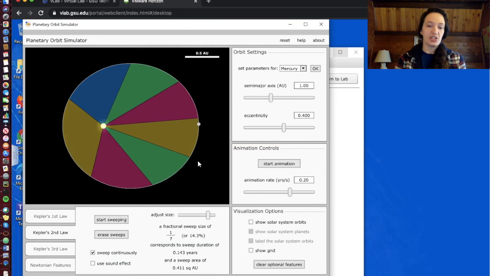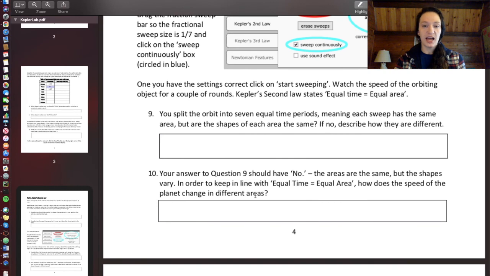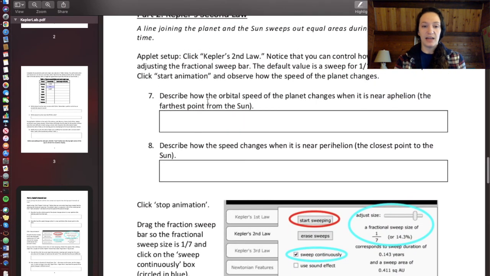That's again just getting at why the base of this triangle over here near aphelion is smaller than the base of the triangle near perihelion. This is trying to have you look back at number 7 and number 8. How fast is the planet moving in both of those spots?